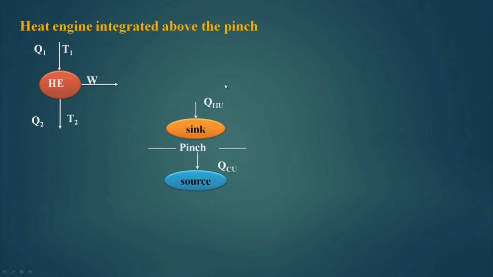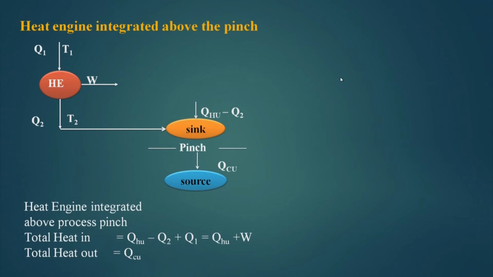Now, this is a process, this is the heat engine. If I am placing like this, I am taking Q1 and rejecting Q2 to this. If I do so, my hot utility decreases by QHU minus Q2.